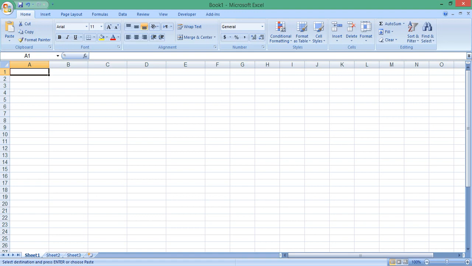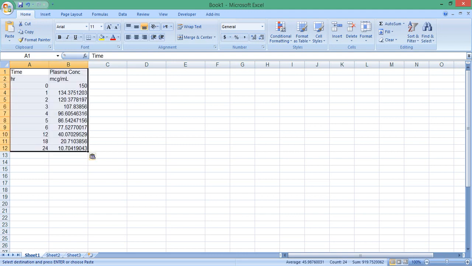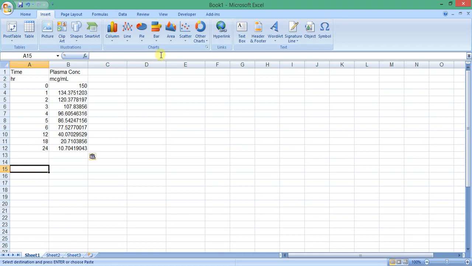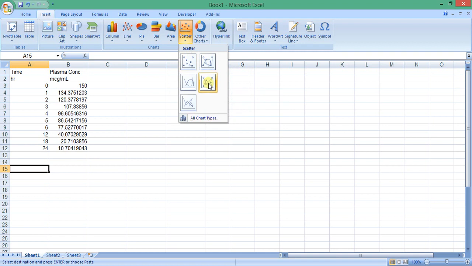You are given the plasma concentration versus time data in columns A and B. Let's first plot the plasma concentration versus time data as explained in the previous lecture. Insert from chart, other, scatter, then scatter with straight lines.